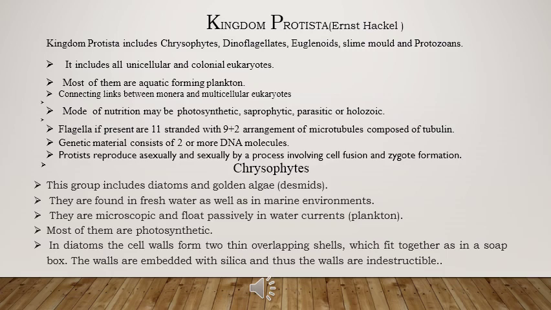These are photosynthetic in nature, so they have chlorophyll pigment in them. A special feature of diatoms is that they have a cell wall forming overlapping shells that fit together like a soap box.